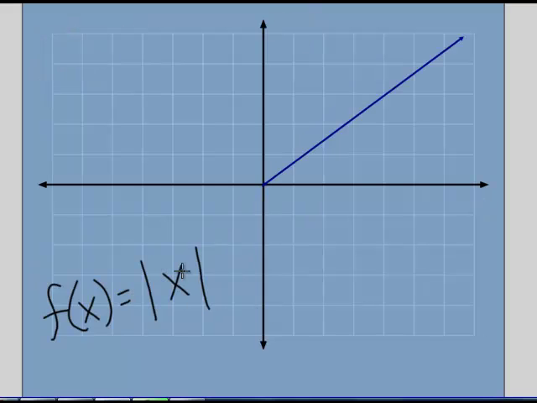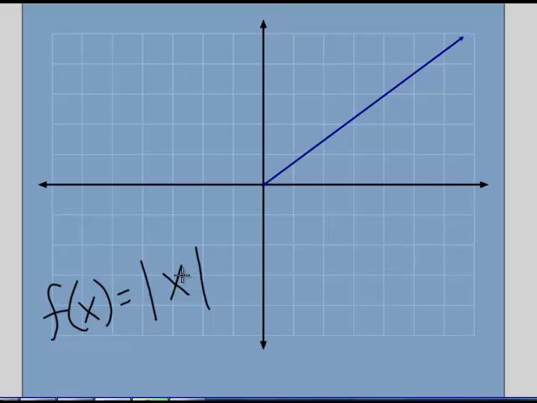Now let's look at f of x is equal to the absolute value of x. Well, if you notice, the absolute value here doesn't change the graph in the first quadrant. That's still the same. However, what the absolute value means is that for whatever input I put in here, my output is always positive.